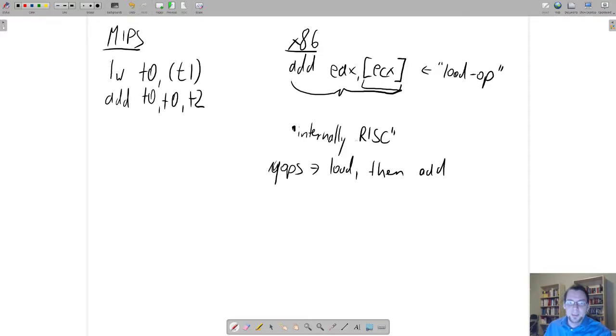But then to go after that, to say, oh, because x86s break instructions internally into micro-ops, like there's microcode, that RISC effectively wins. It's like, no. Just because x86 does complicated instructions the way complicated instructions have always been done since the 60s, by breaking them into multiple simpler operations, just because you decided in the 80s that you could do a chip that just does the simple operations, just because everybody else keeps doing complicated operations that happen to be made of simple operations, does not make this internally RISC.